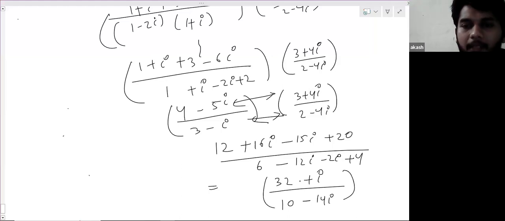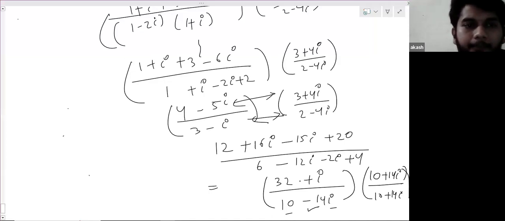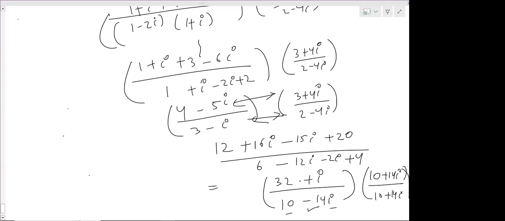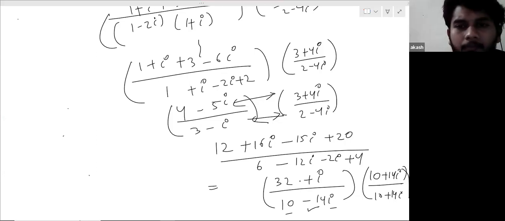Now you can rationalize by multiplying this. Whatever there is in the denominator, just change the sign and multiply and divide. Sir, before this, if we rationalize the second term, then it would be the same answer.